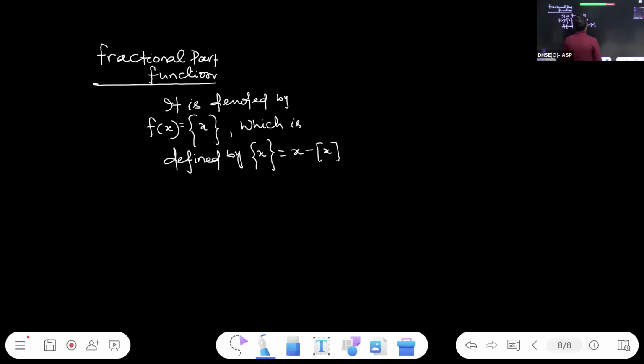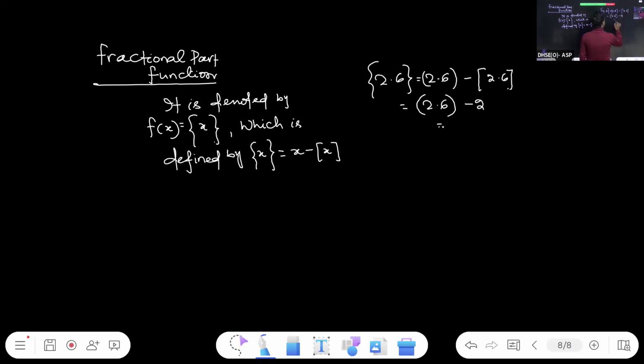That means fractional part of the number. Suppose curly bracket of 2.6 is equal to 2.6 minus bracket value of 2.6. Bracket value of 2.6 is 2, so 2.6 minus 2 is equal to 0.6.